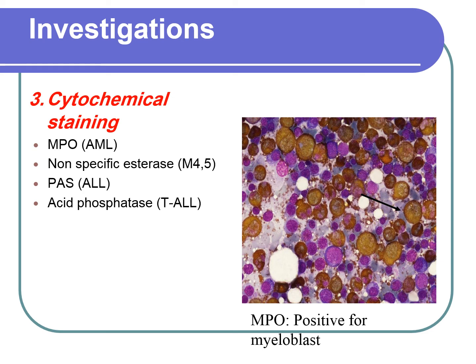Non-specific esterase identifies the monoblast species, which is a subtype of acute myeloid leukemia. Periodic acid-Schiff can be used to differentiate acute lymphoblastic leukemia. Acid phosphatase identifies the T-ALL subtype.